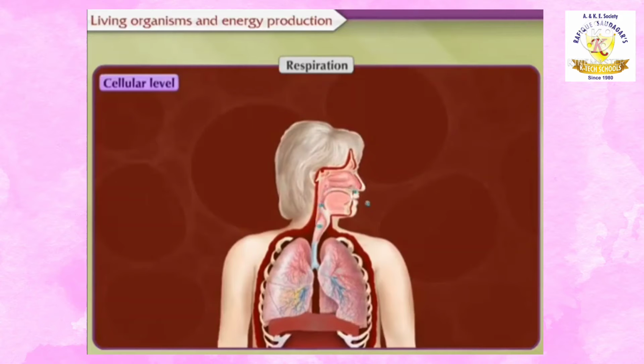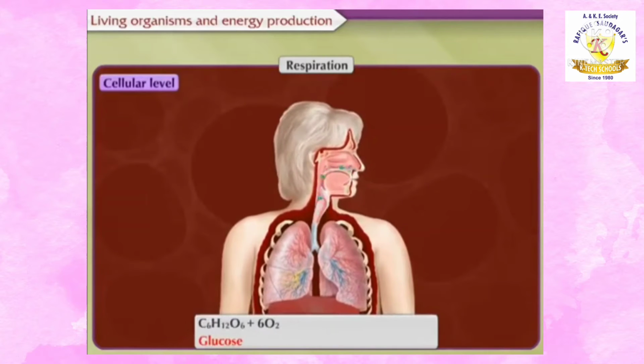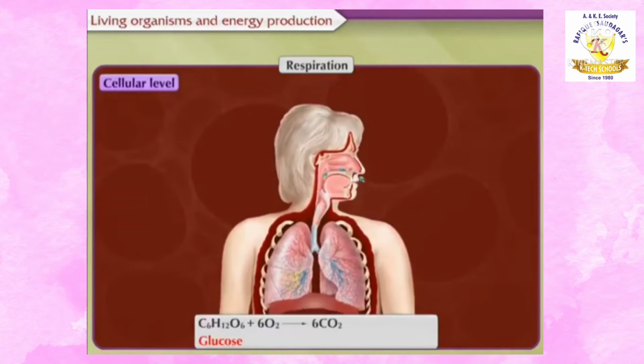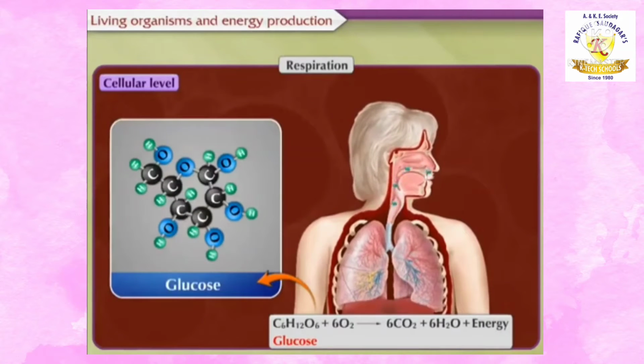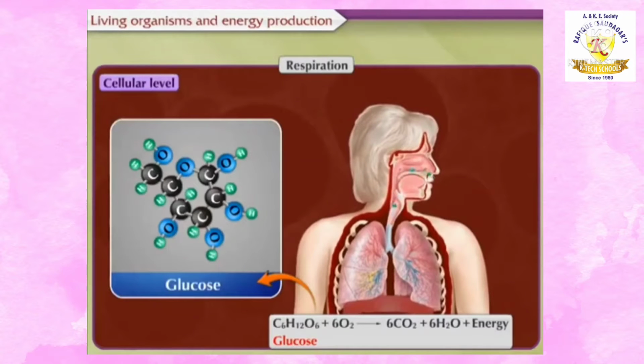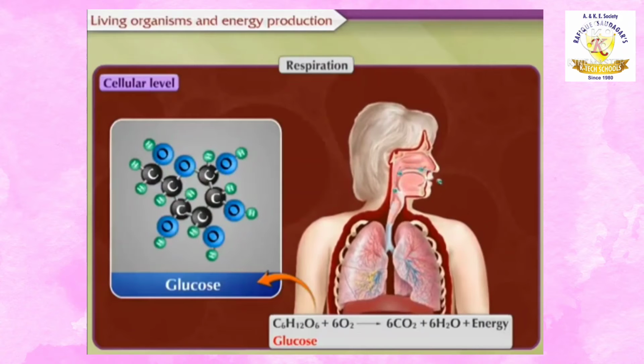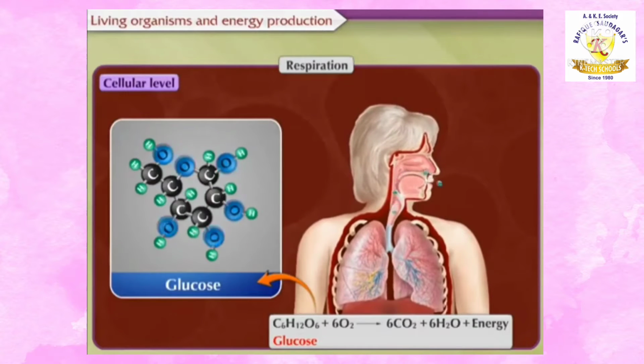When oxygen is taken inside the body, it is utilized to oxidize glucose molecule into carbon dioxide and water, and energy is released. Each glucose molecule which is oxidized in this process is made up of 6 carbon atoms, 12 hydrogen atoms and 6 oxygen atoms.